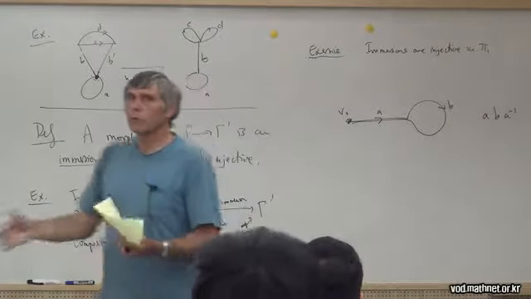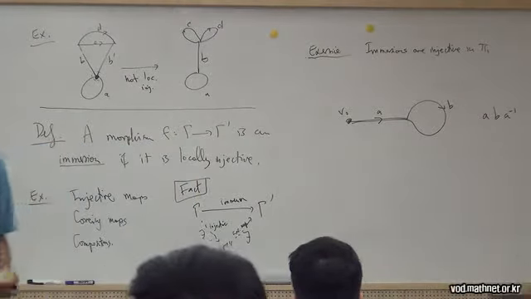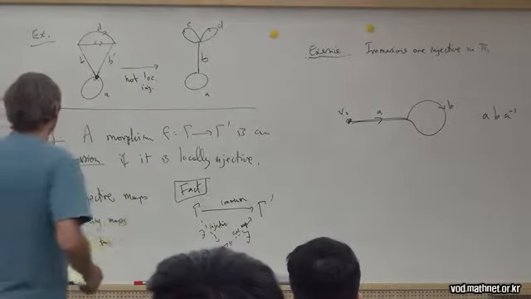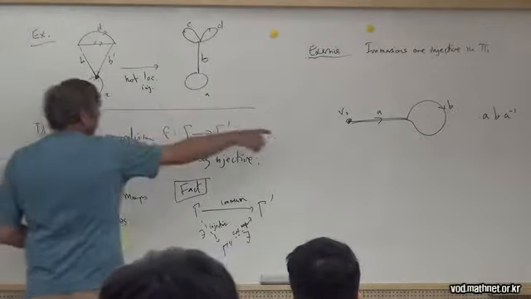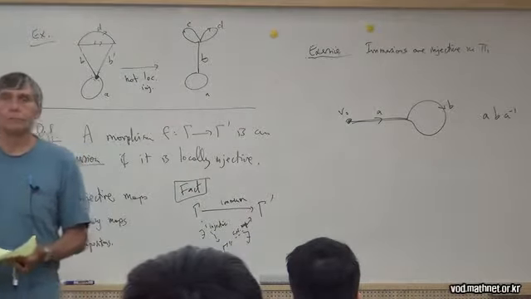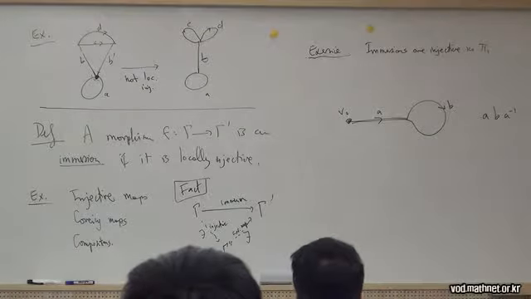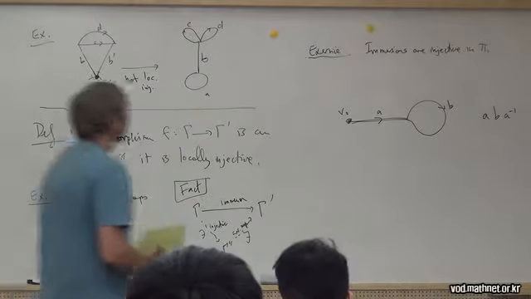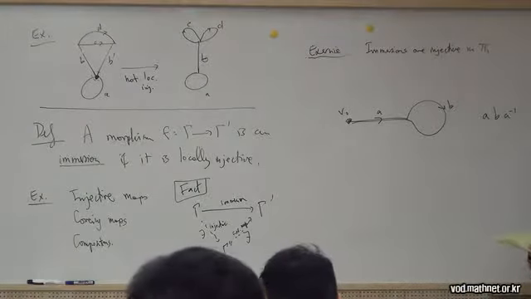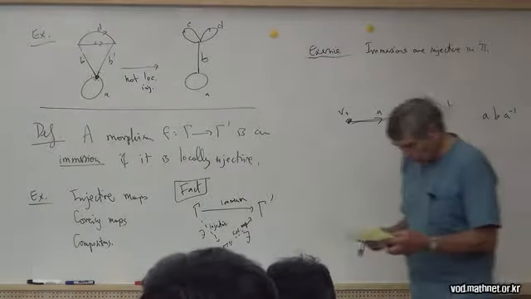If you view it as a map of a path, then that's an immersion, and immersions are going to send paths like this to paths like this. They'll be immersed paths. And therefore, they'll be non-trivial. So this is how you could prove this. Do this exercise. Immersions are injective in pi1.